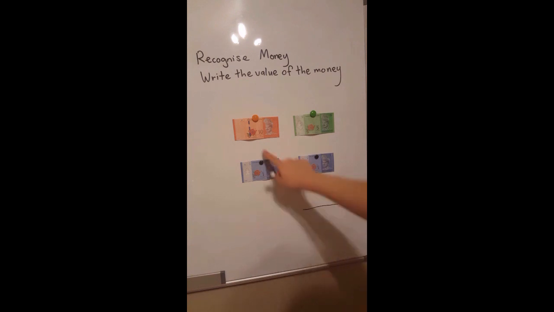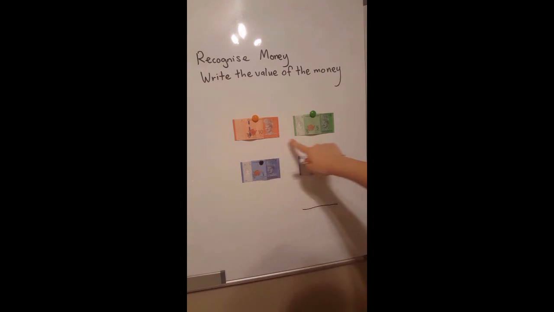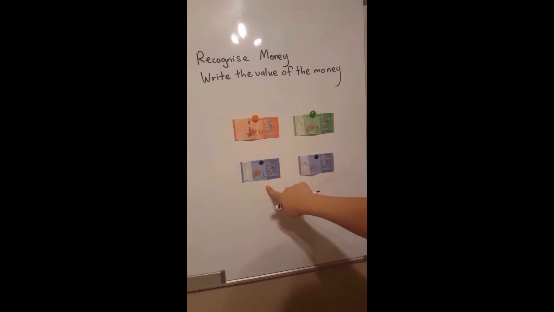Okay, so we have 10, 15, 16, 17. So in total we have 17 ringgit. We can write this as RM 17.